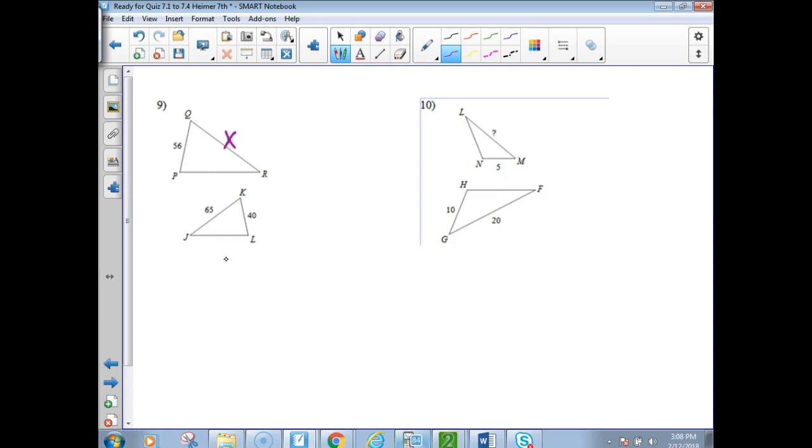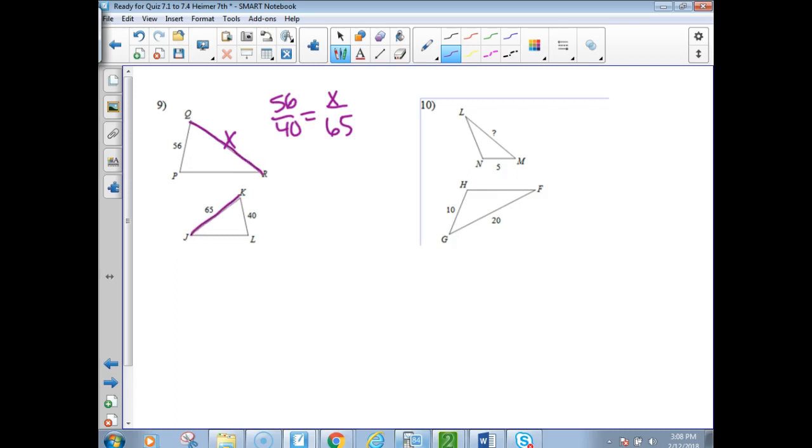All right, I needed help. I want someone to volunteer. If I don't get one pretty quick, I'm going to ask. All right, Evan. 56 over 40 equals x over 65. You got it. Okay, all right, this is the long side.